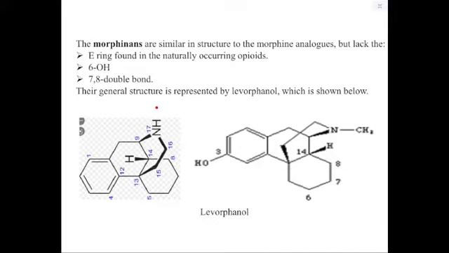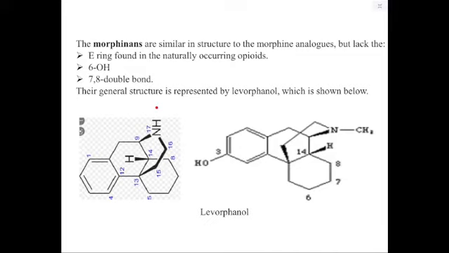And the morphinans, as you can see, this is the structure of the morphinans, are drugs whereby the E ring found in the naturally occurring opioids is missing. You have removed it. The 6 hydroxyl group here is missing. Again, increase in analgesic activity.